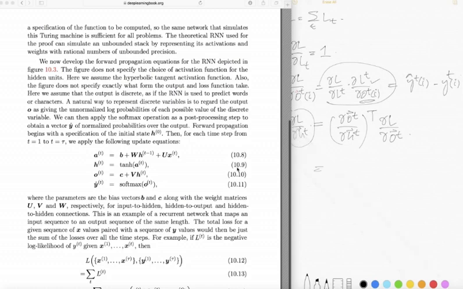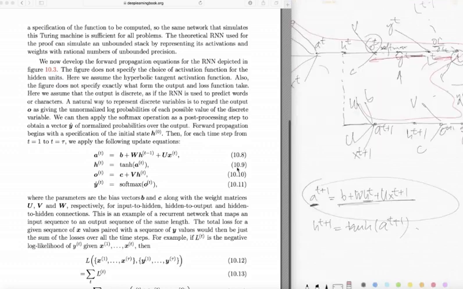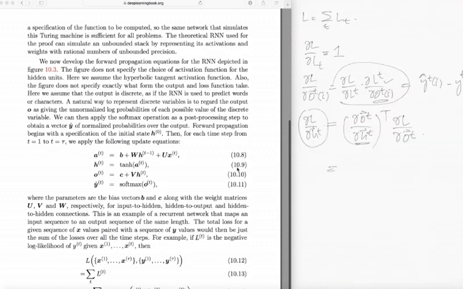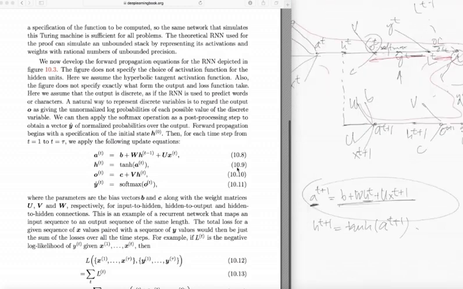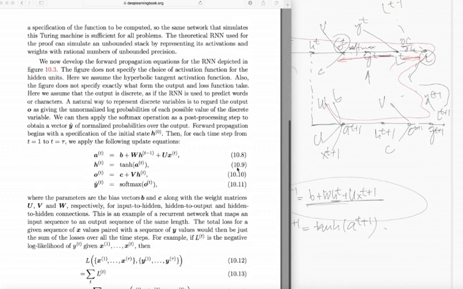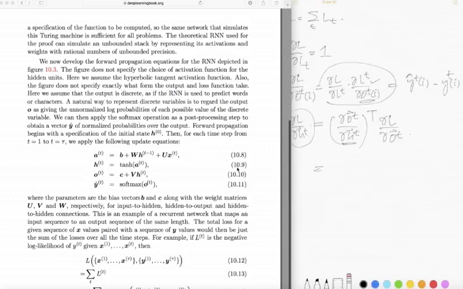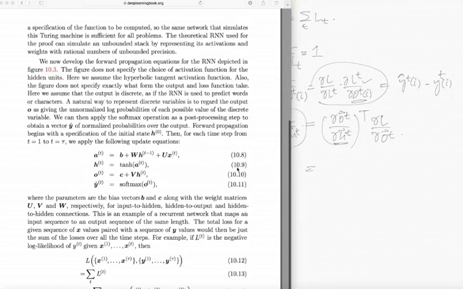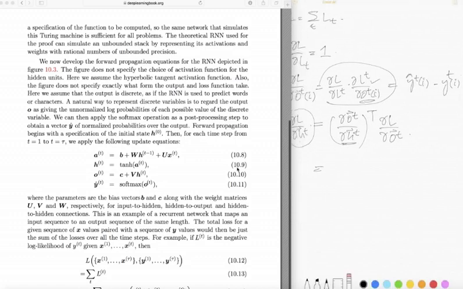So what is this partial O_t over partial H_t? I want to emphasize one thing here: this chain formula that I have written is saying that the derivative of the loss function with respect to H_t is given by this formula.